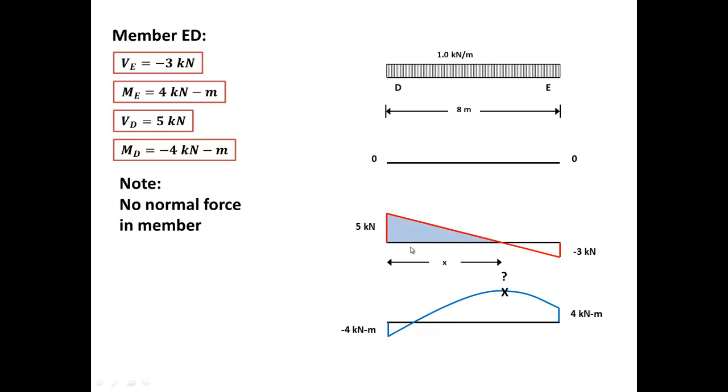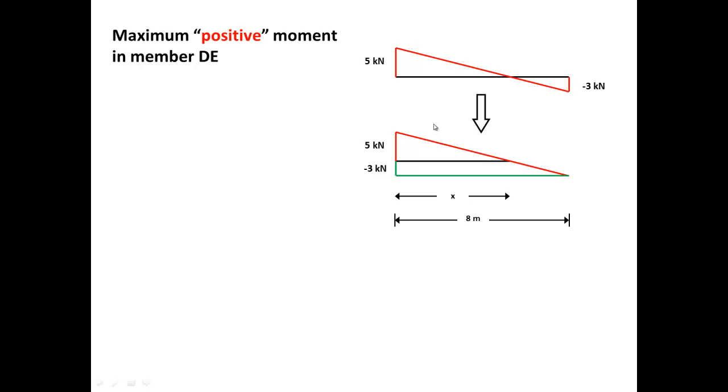we can calculate the area under the shear curve, and if we do this, we can find the value for the maximum moment. Now our task is to find the distance x. I'm gonna change this to this. I didn't do anything, I just moved this line to the left to create two similar triangles.